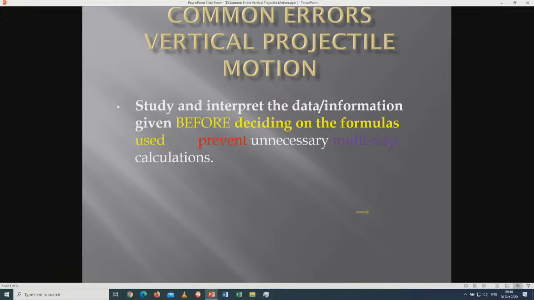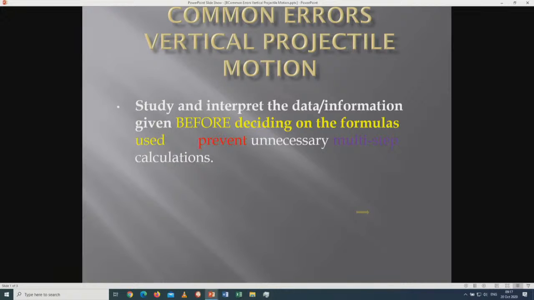If you have a question to calculate the final velocity for 3 marks, you must know that there must be a method using just one formula to solve the problem. So if you start off with a multi-step calculation for 3 marks, you must know you have started off wrongly. There's a simpler way. You have chosen the wrong formula or equation.